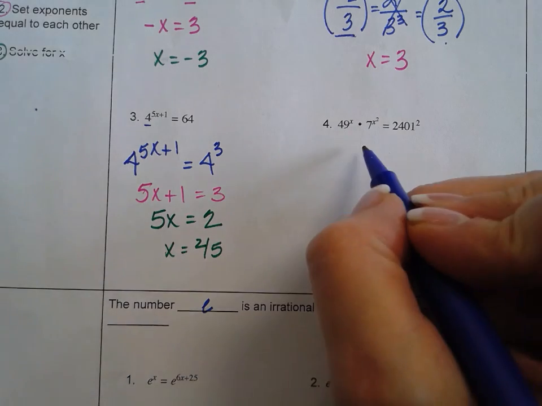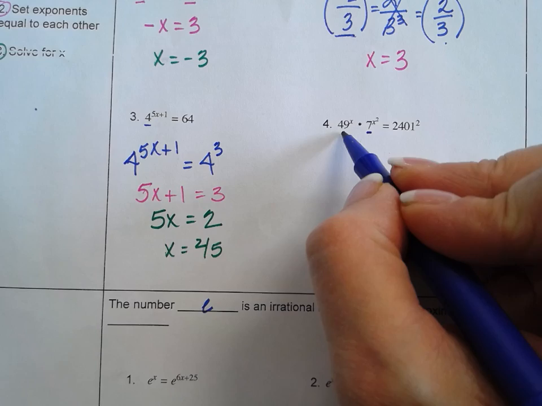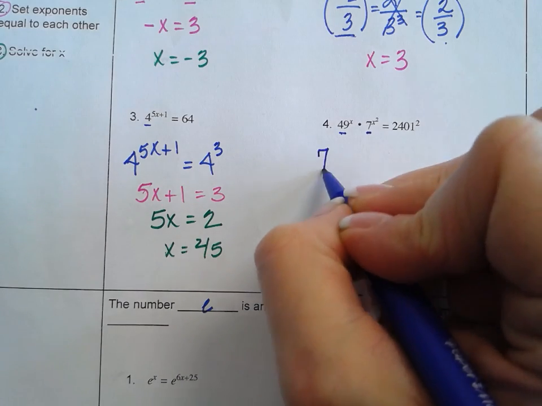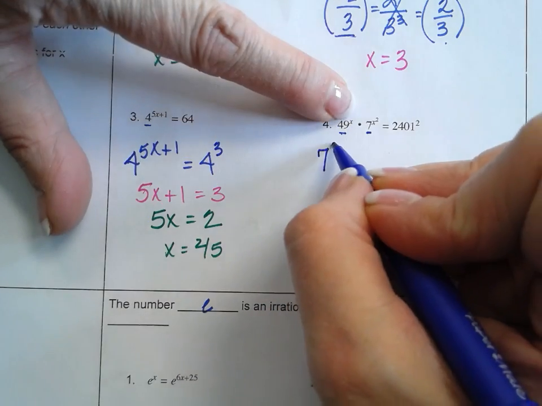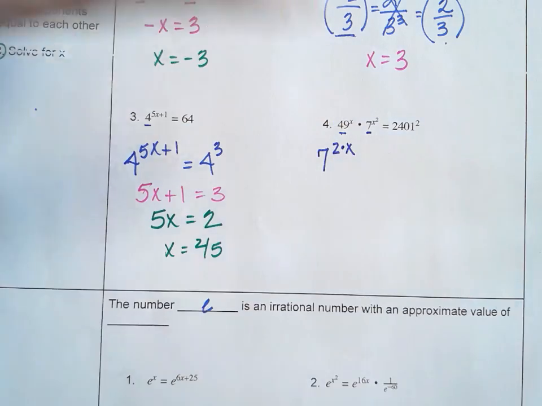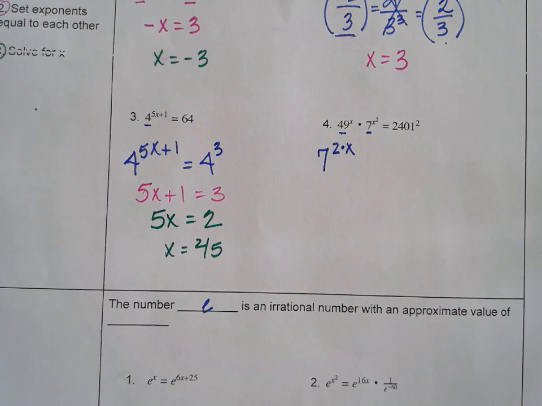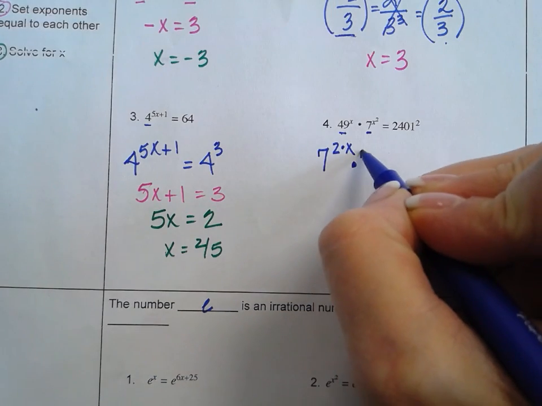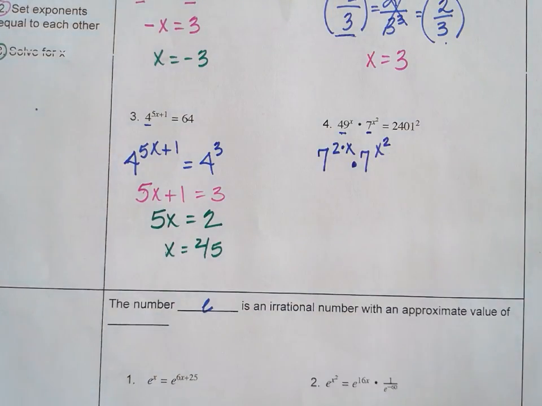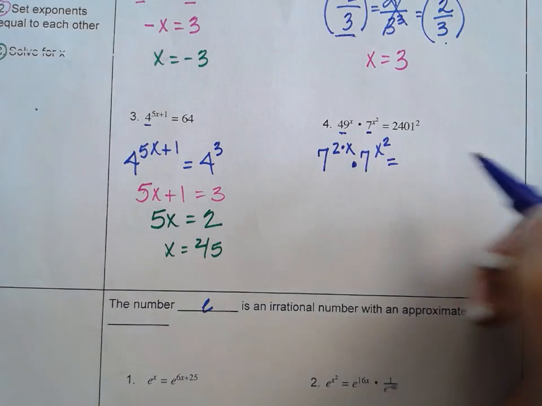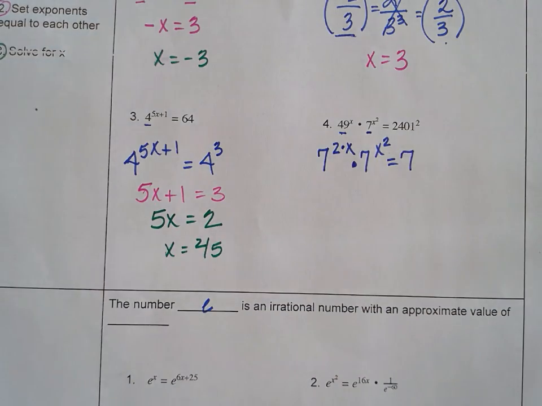Alright, I'm going with my smallest, so 7. 49 is 7 squared, but I have an x. I just go ahead and multiply, because that's just like multiplying a power to a power. And then I have 7 to the x squared. And how many times do I have to multiply 7 by itself to get 2,401?